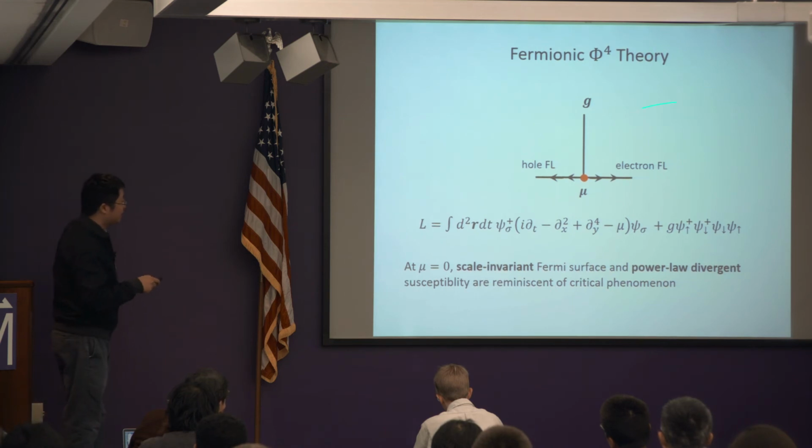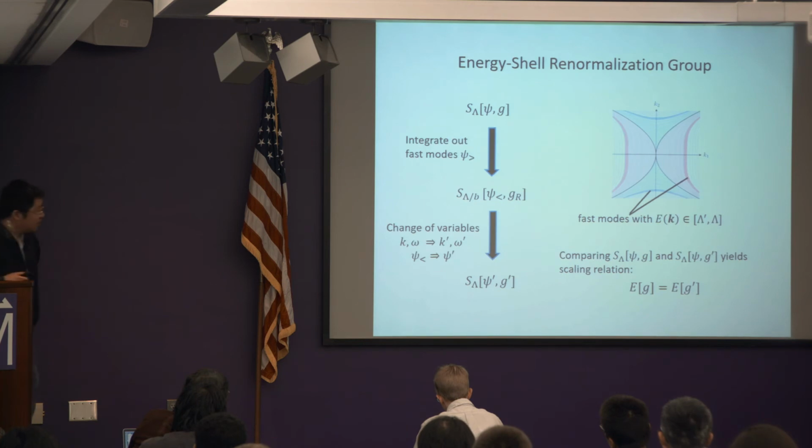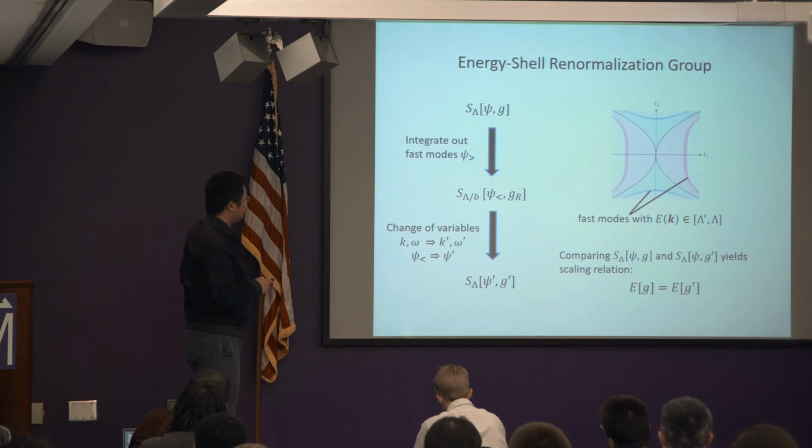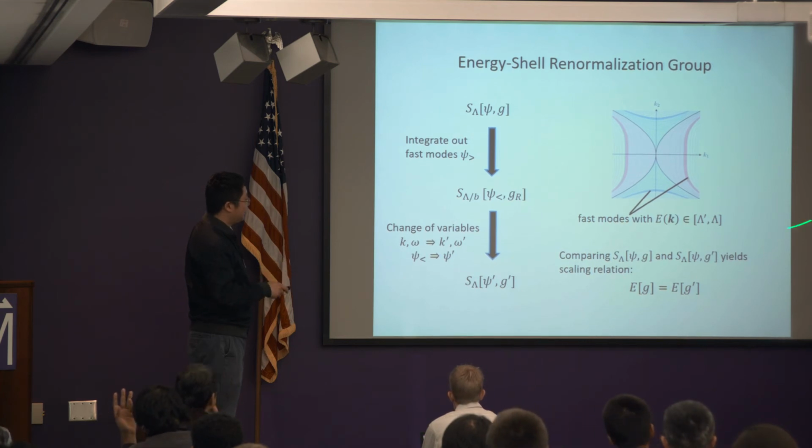So this is what we do with the RG, and this is the procedure. We start with a theory which has one energy cutoff, I call lambda, and then we progressively integrate the modes that lie in the energy range between lambda and lambda prime, and then we rescale the fields and rescale the parameters so that the energy cutoff goes back to lambda.